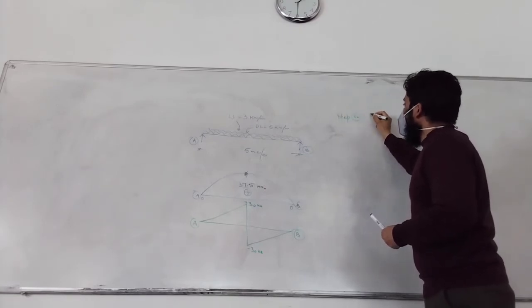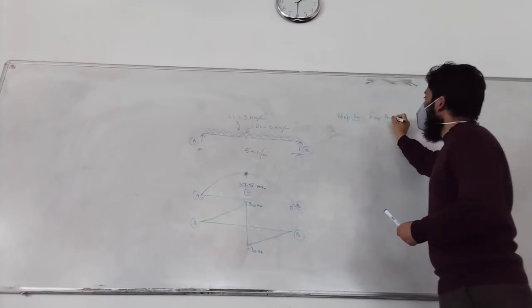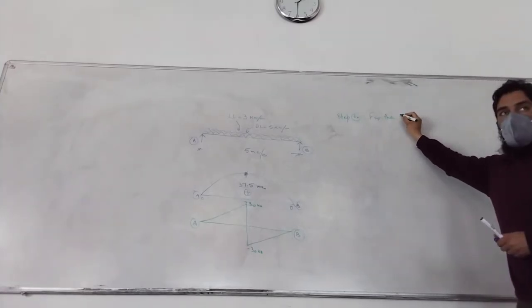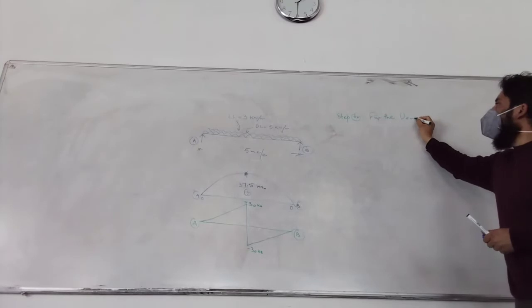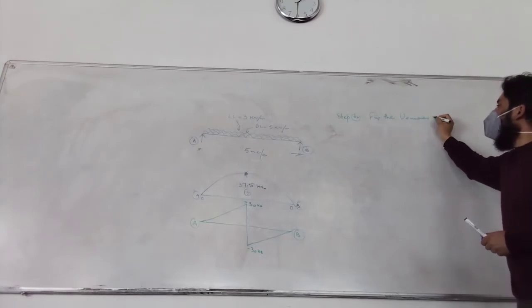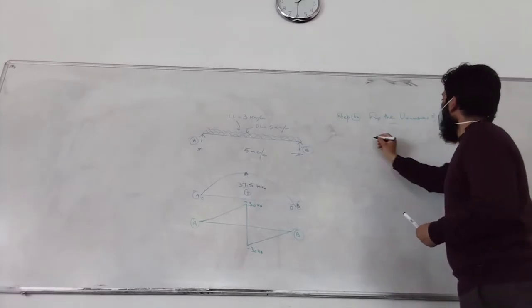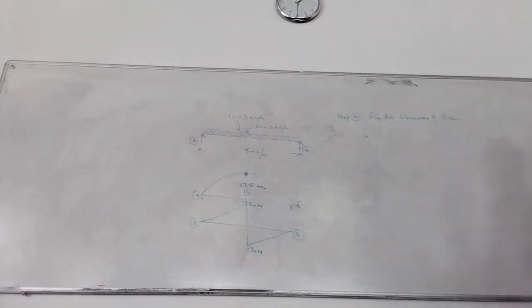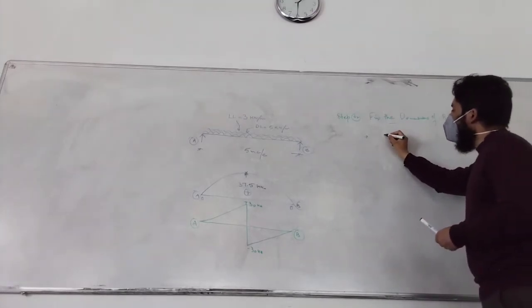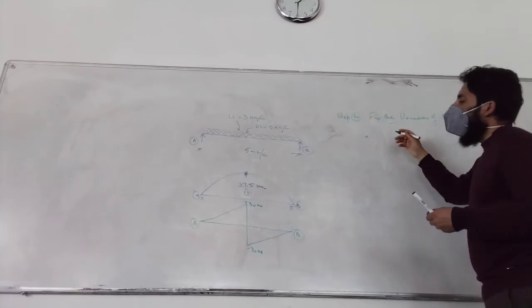We will fix the dimensions of the beam. So fixing the dimensions of the beam. What is D? How do we calculate D?